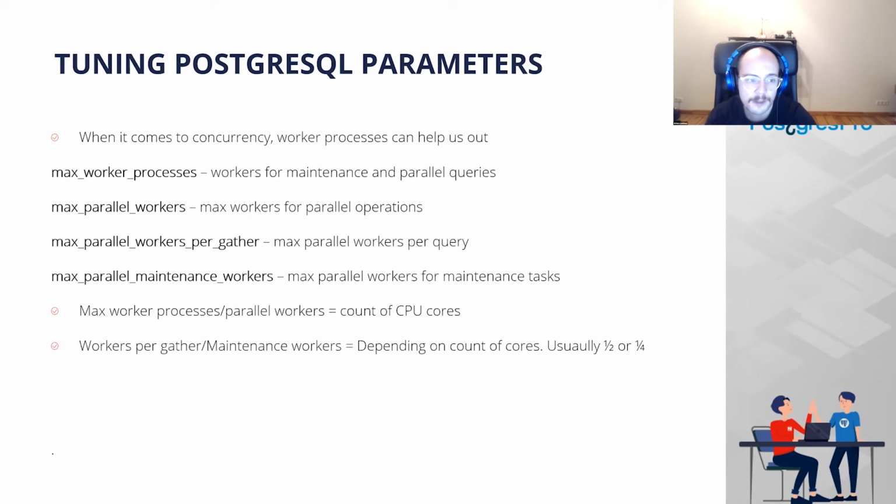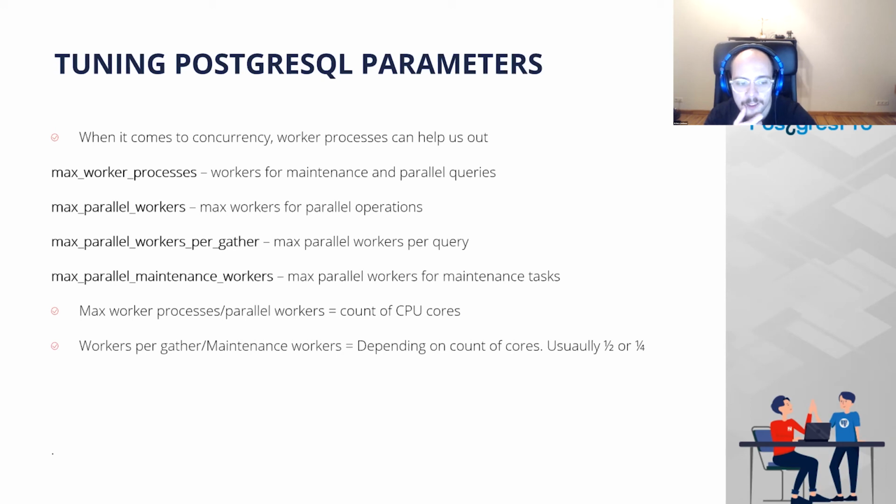It's a subset of the max worker processes. Max parallel workers per gather is essentially parallel workers per single query. And max parallel maintenance workers is the subset of the max worker processes for maintenance.